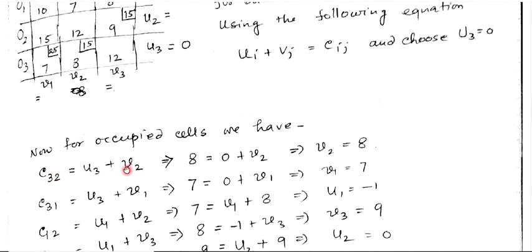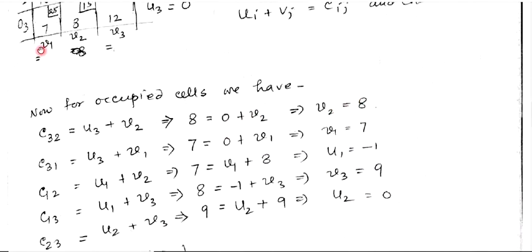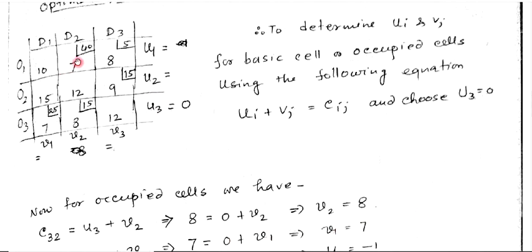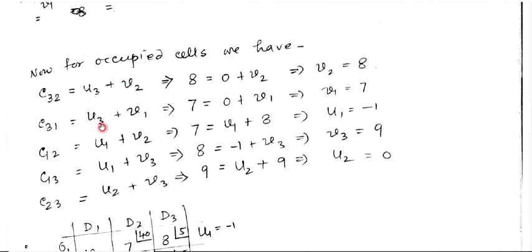Putting the cost value 8, 8 equals u3, which we have taken as 0, plus v2, so we get the value of v2. Similarly, for the cell C31, u3 plus v1 equals the cost 7, so 0 plus v1 equals 7. In this way we go on to the other values C12, C13 and C23.